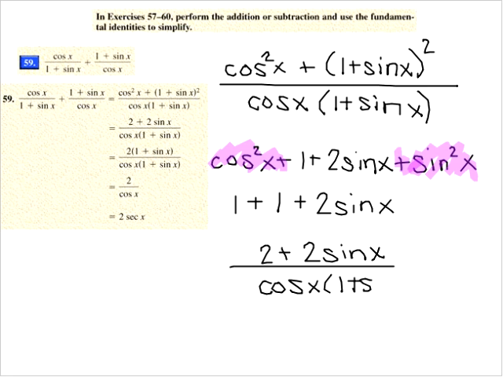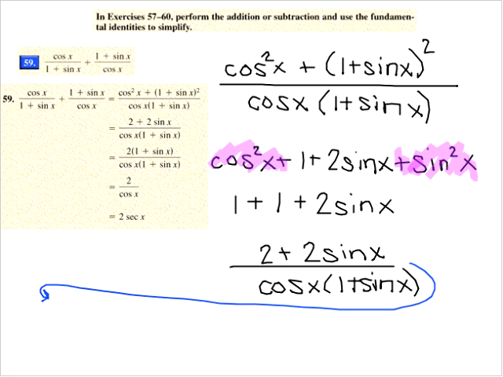1 plus sine x. Let's pull out the like terms in the numerator. Since they both have a 2 in common, if I pull out the 2, I have 1 plus sine x left. Notice, this is kind of nice now.